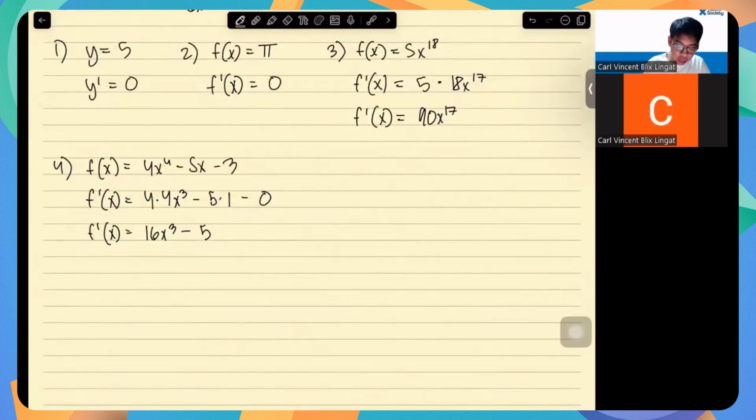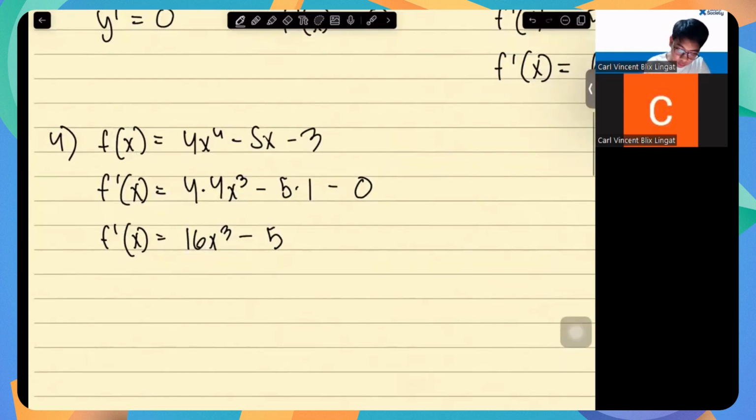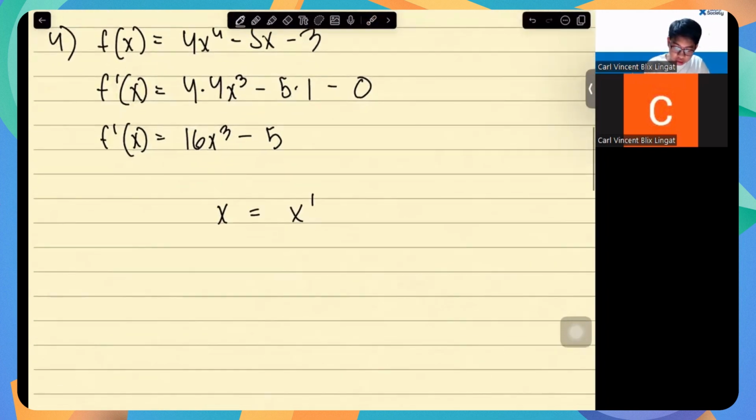If you got confused by what happened here, x is just the same as x raised to 1. However, we brought down 1, right? So 1x, and then subtract 1 by 1.